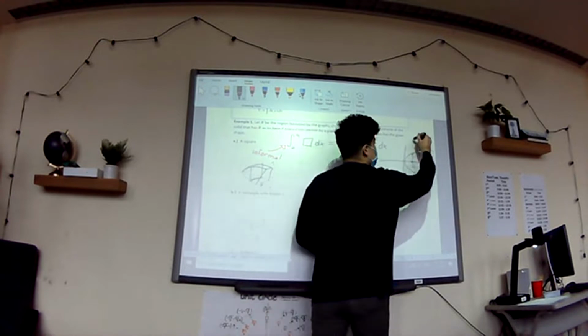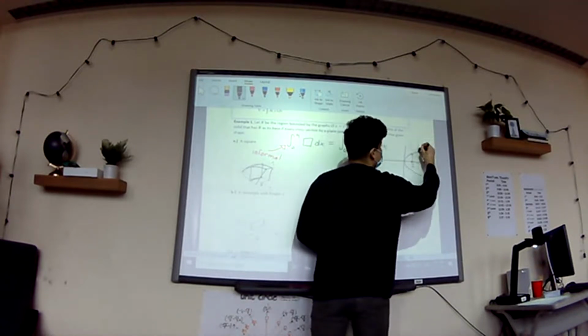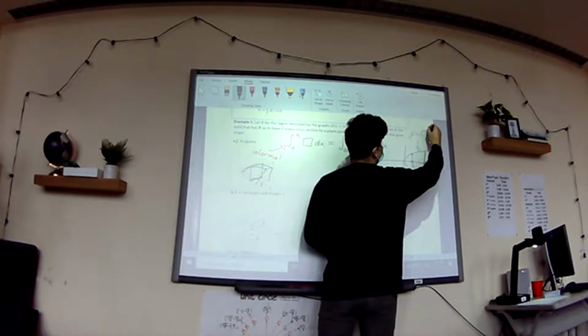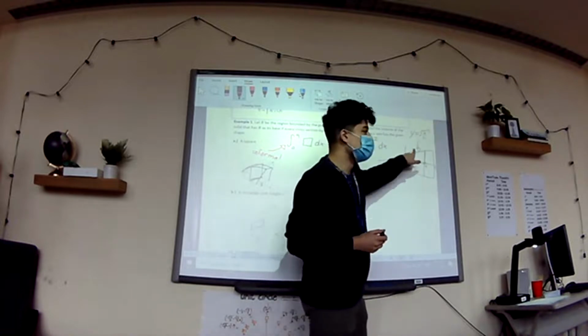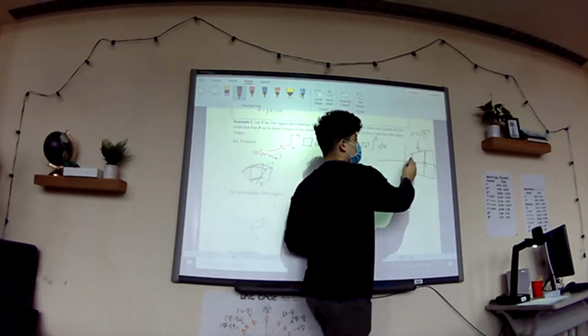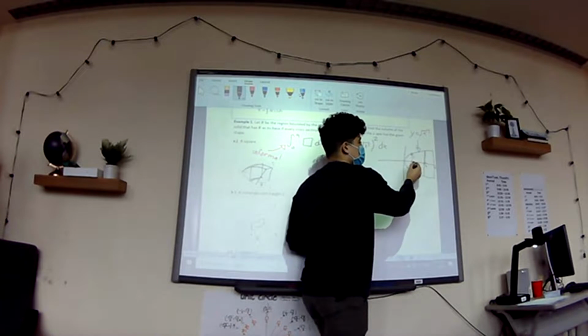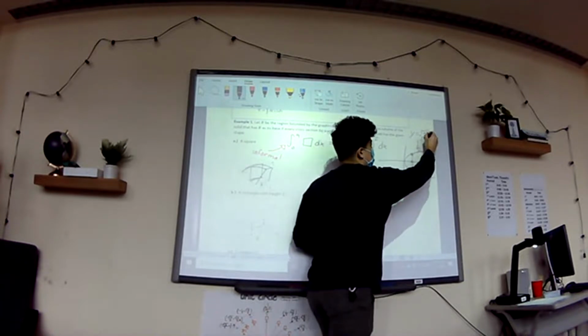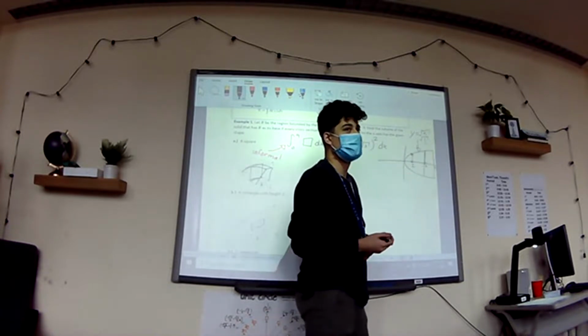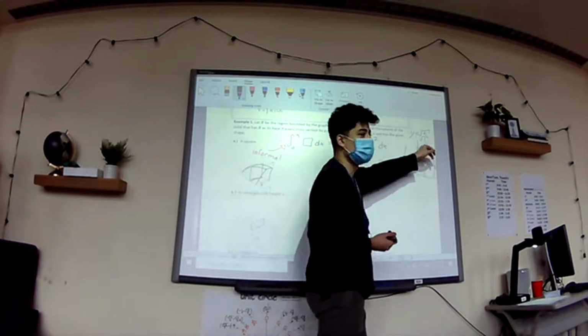Well, that's just the square root of x, this guy. So if I want this point on the function at 1, then that would just be the square root of 1. So at any arbitrary x, that would be the square root of x.